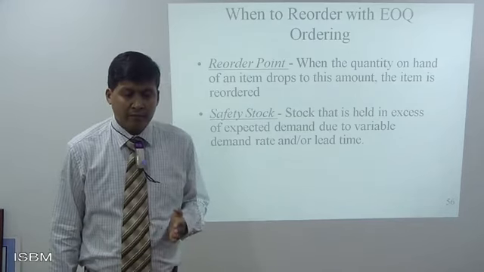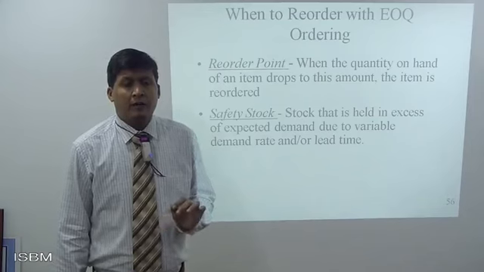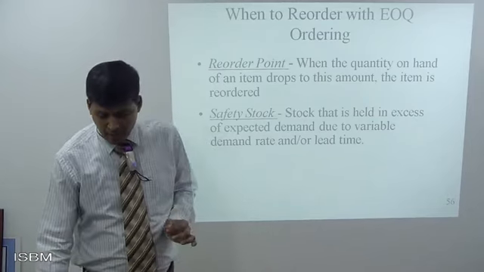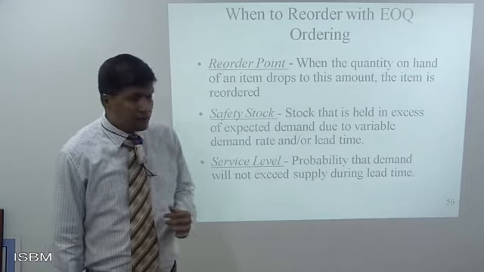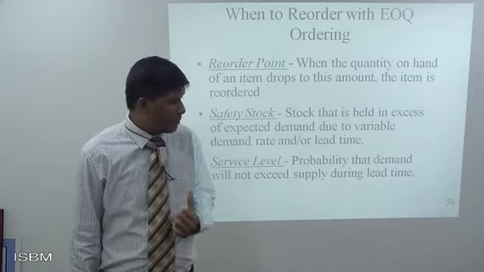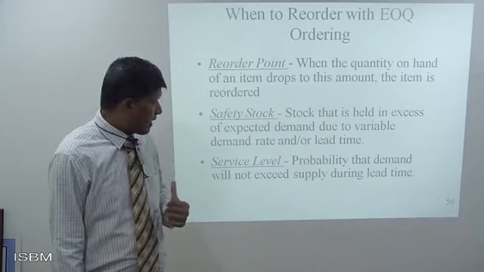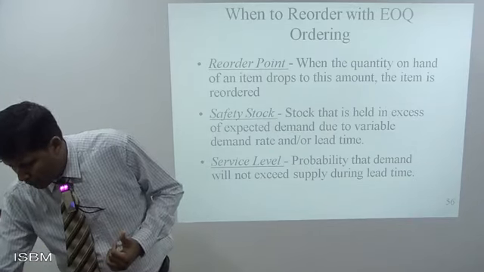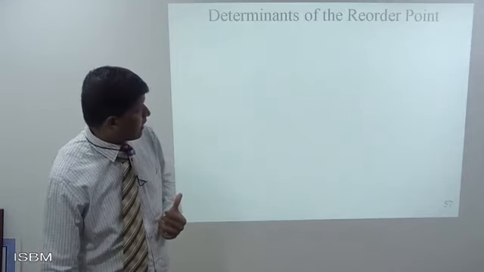We spoke about how we should keep safety stock to accommodate fluctuations or variance in demand. Service level is the probability that demand will not exceed supply during lead time. So we don't want those conditions to happen.